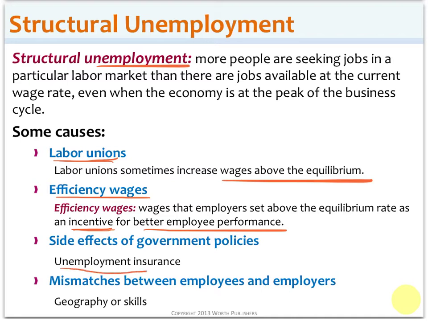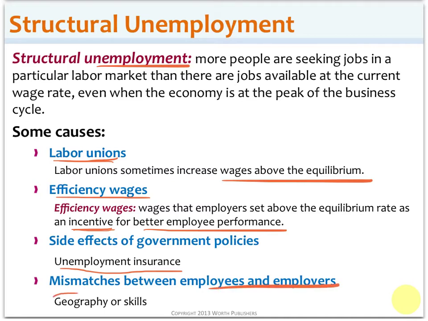In Europe, higher levels of more generous unemployment insurance are thought to cause the higher unemployment rates that Europe has compared to the U.S. And then finally, mismatches between employees and employers.